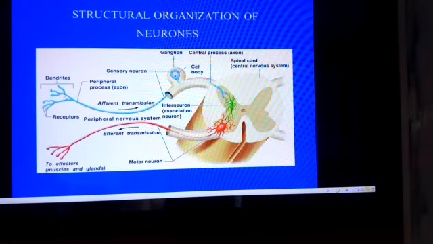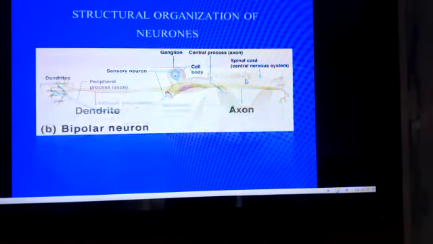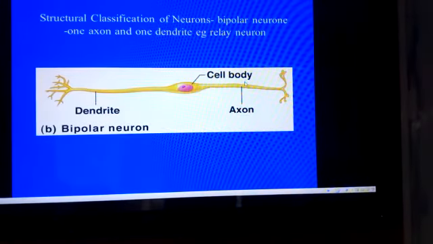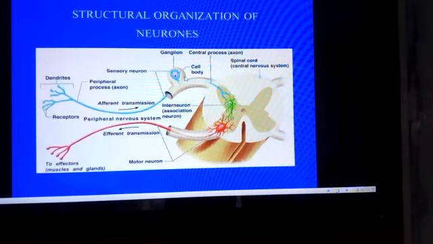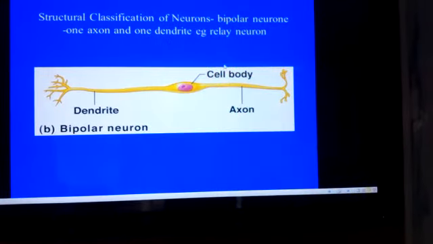So we've said that we have another way of classifying the neurons based on the number of dendrites or dendrons that are arising from the cell body. In this case, we have different names that are given. For example, the first picture that we have here is what we call the bipolar neuron that has a single axon and a single dendrite.